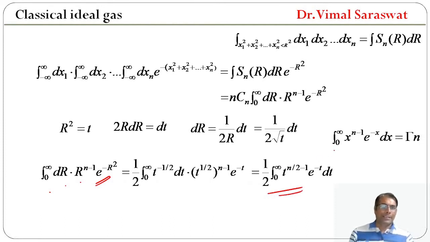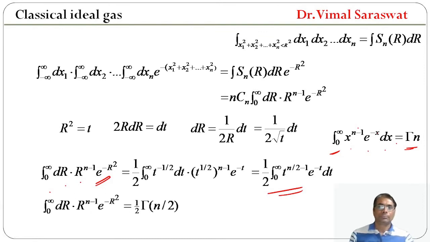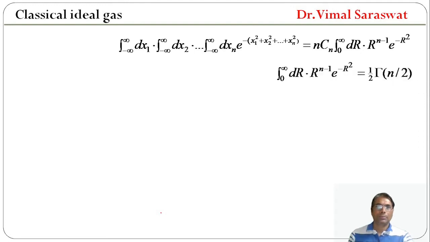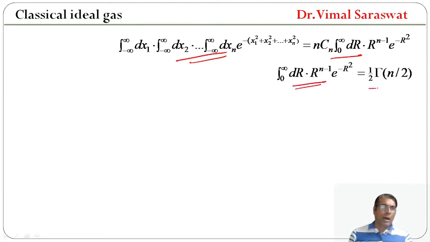Now integration 0 to infinity x raised to n minus 1 e raised to minus x dx is equal to gamma n. So this will be equal to 1 upon 2 gamma n by 2. Now this one is equal to this one, and this is equal to half gamma n by 2.